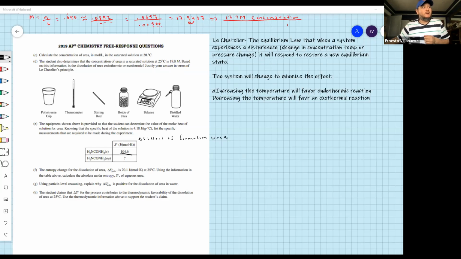This has to do with calorimetry. Remember the calorimeter? You get the cup, fill it up with water, you drop something in there, and then you find how much energy is absorbed by the water.